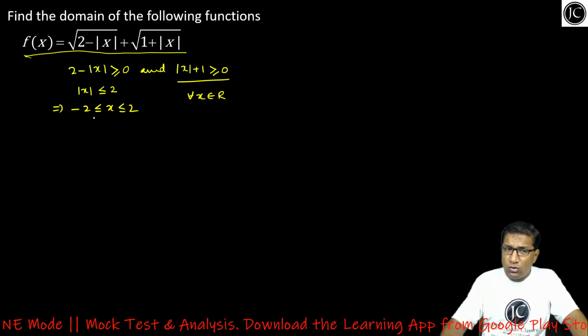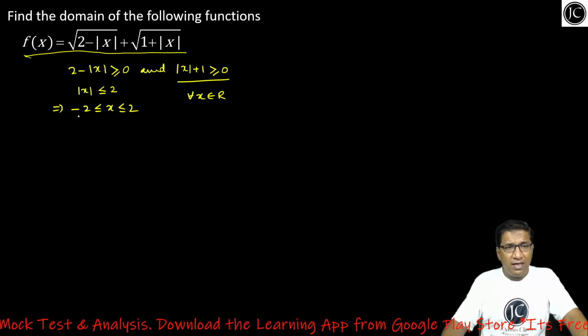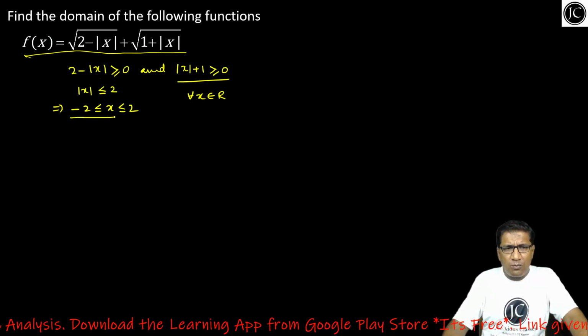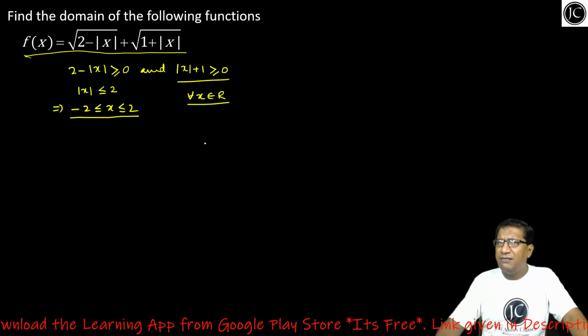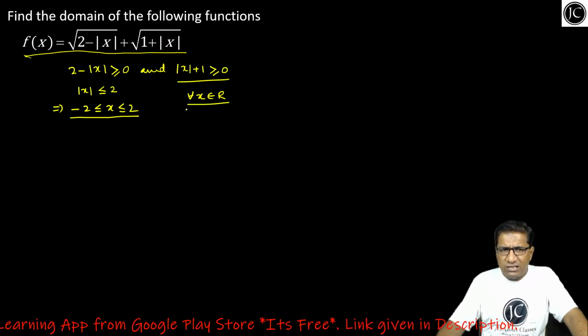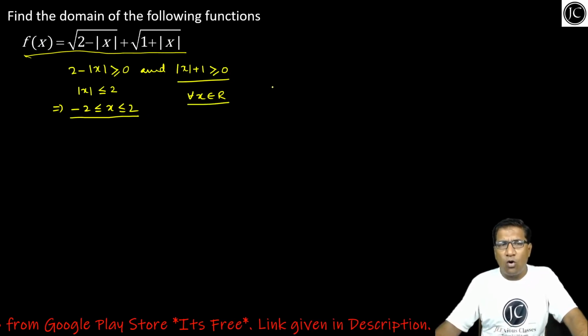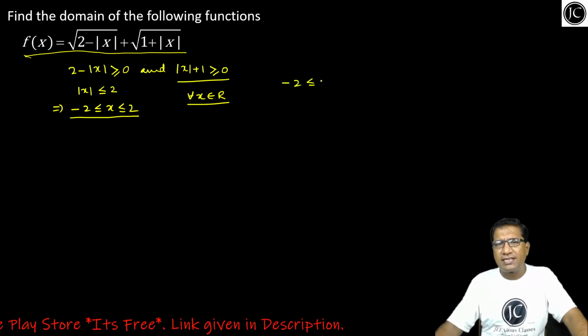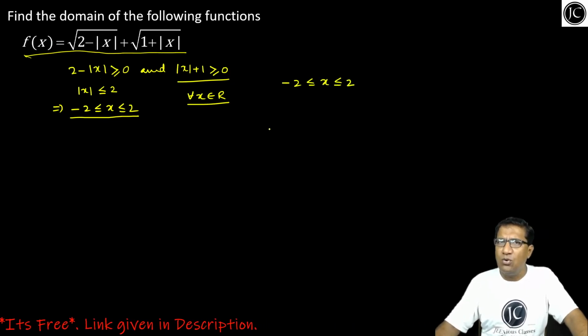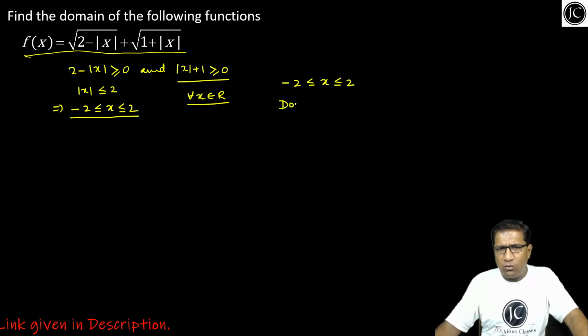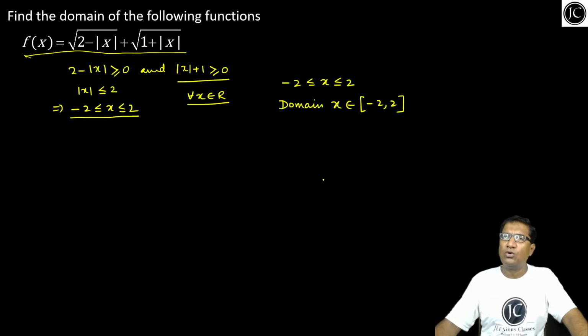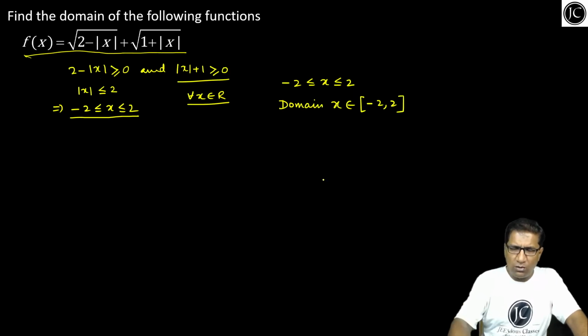Okay, so now to find out the final domain, it should come from this and from this. Now it is very obvious, the common region is x lying between minus 2 and 2. Therefore, the required domain for this sum is x belongs to closed interval minus 2, 2. Is it clear? Chalo, next problem.